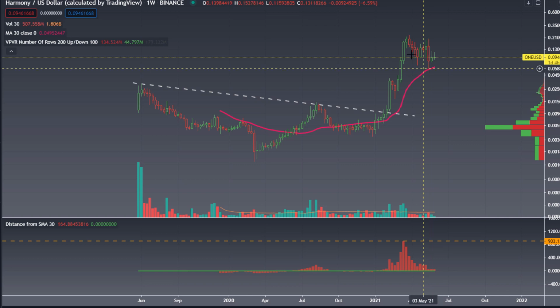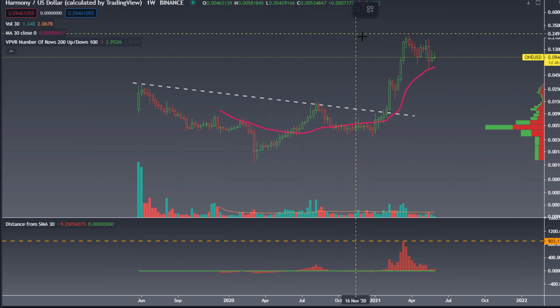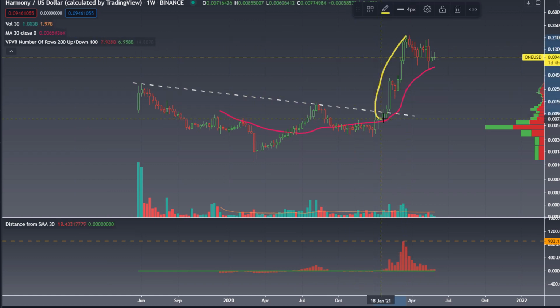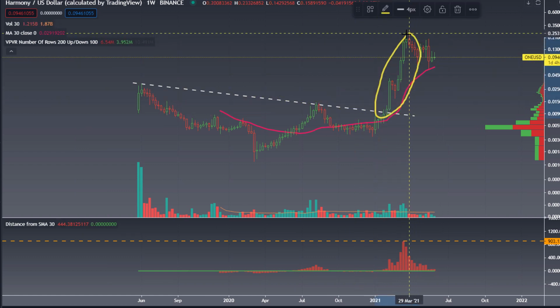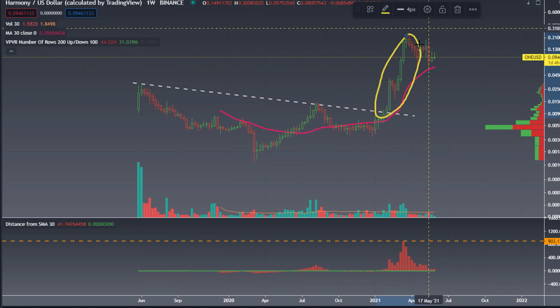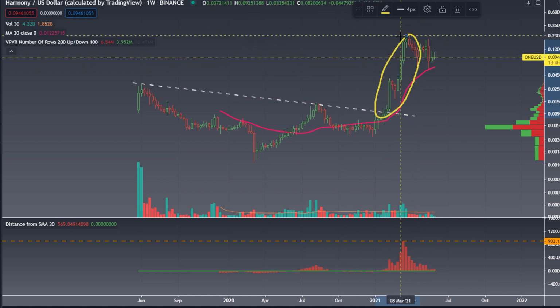If this was stage 2.1, and I'll get a pencil here for later. So this breakout zone was stage 2.1. Now you wouldn't be critical of anyone that took profits here.